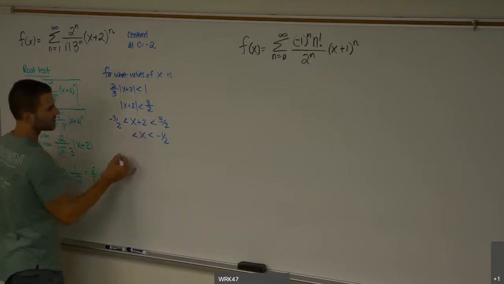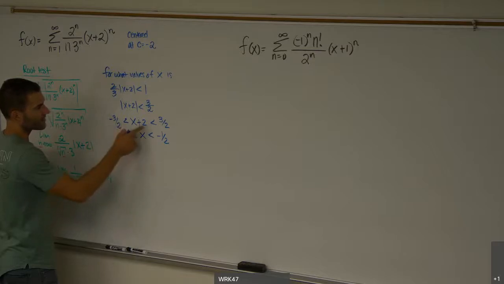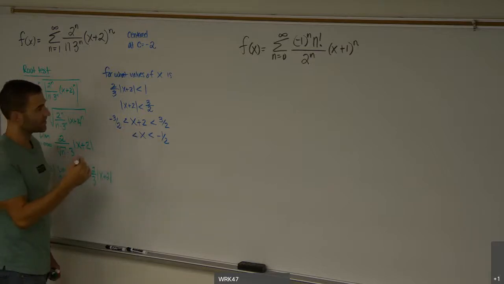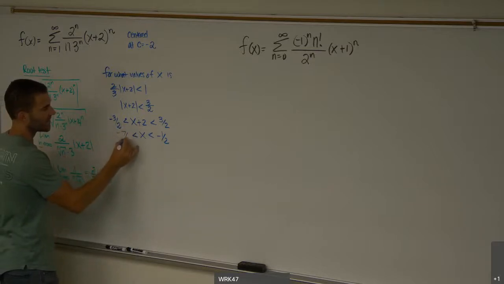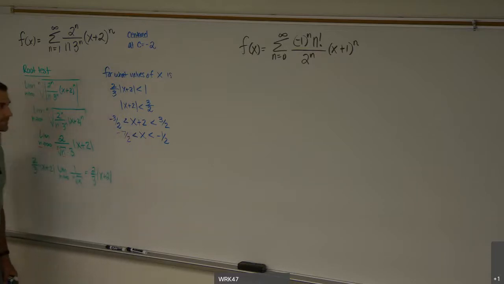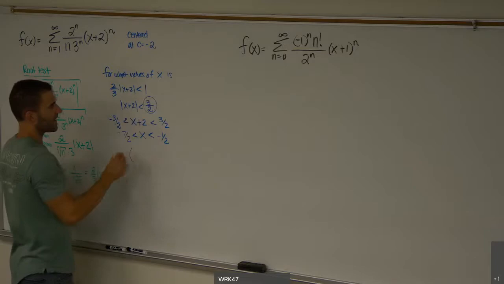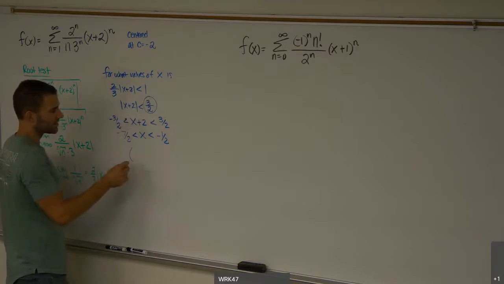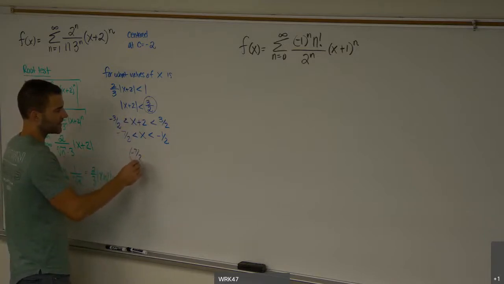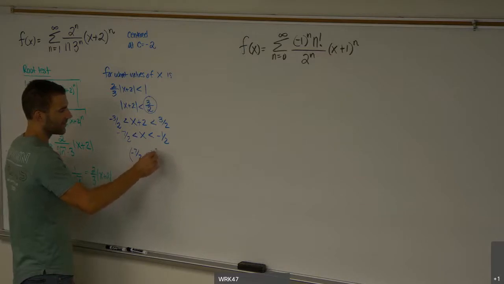And if I subtract 2 here, just think of 2 as 4/2, so -4/2 gives me -7/2, so -3.5. So what is my interval? Well, my radius is 3/2. That's how far away I can move from the center, giving me my interval of -7/2 to -1/2.